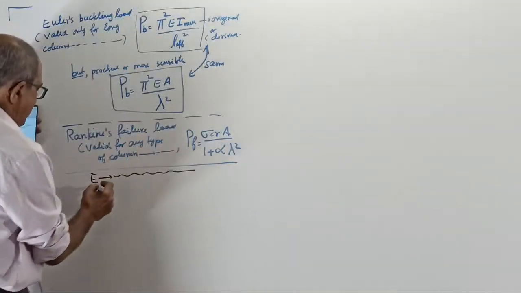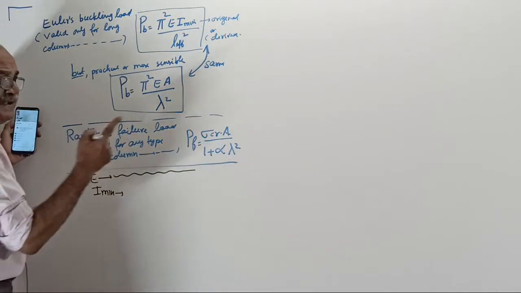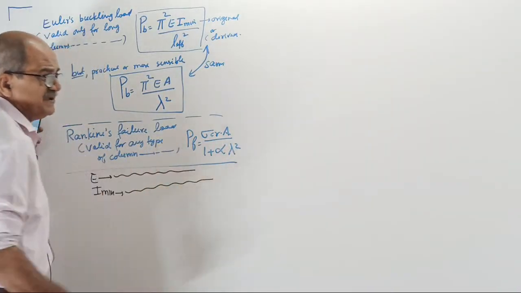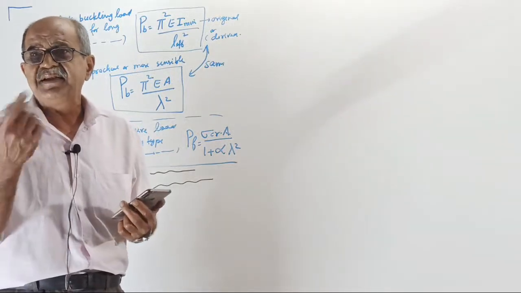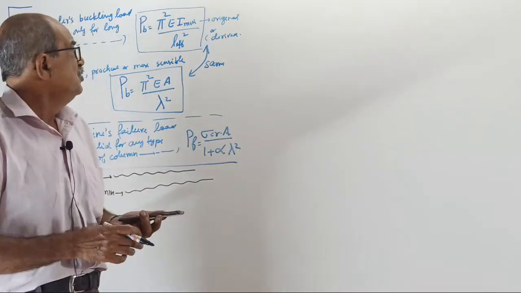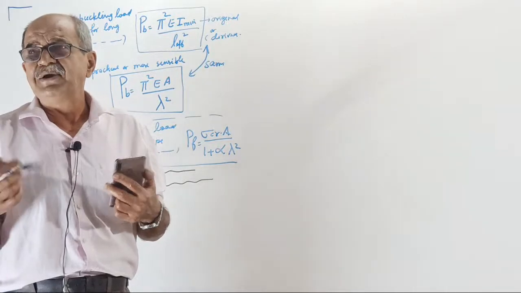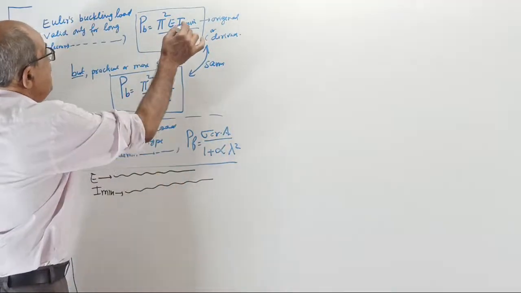Then I minimum is, I am dictating, the least moment of inertia of cross section. Those who want to understand, you should write after the class, going to the recording once again. This has been written so many times; why should I write repeatedly? People who are serious, they will write. Okay, I minimum is over.